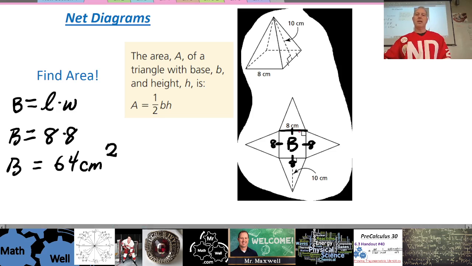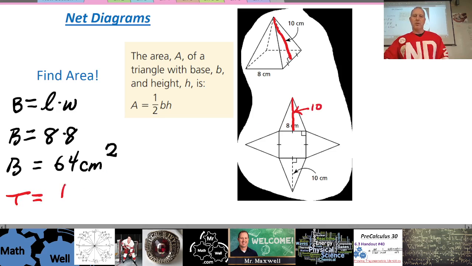Let's tackle the triangles now, and all of these triangles are the same, and if I look carefully, each triangle has a height, a slant height here. There's a slant height, see? Slant height on this diagram. This is a height of 10. So the area of the triangle, I'll use capital T for that. It's going to be 1/2 base times height, or base times height divided by 2, same thing.